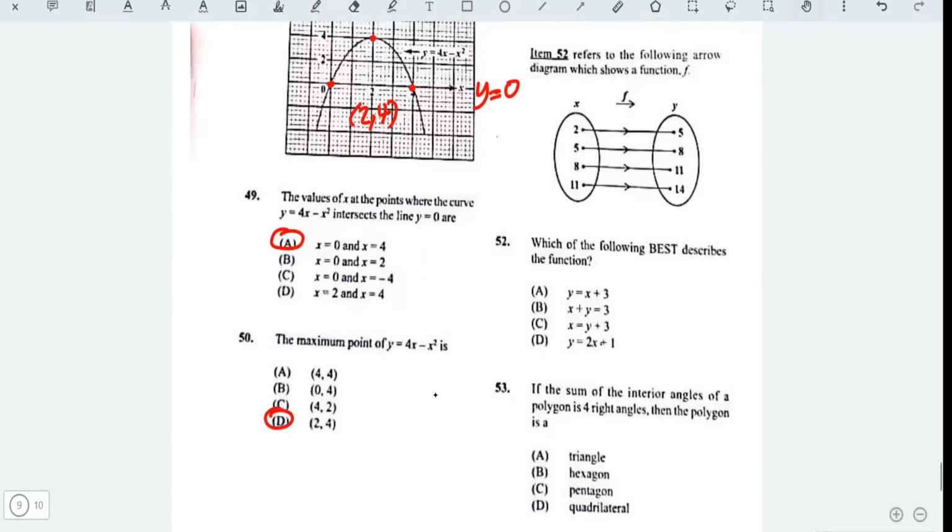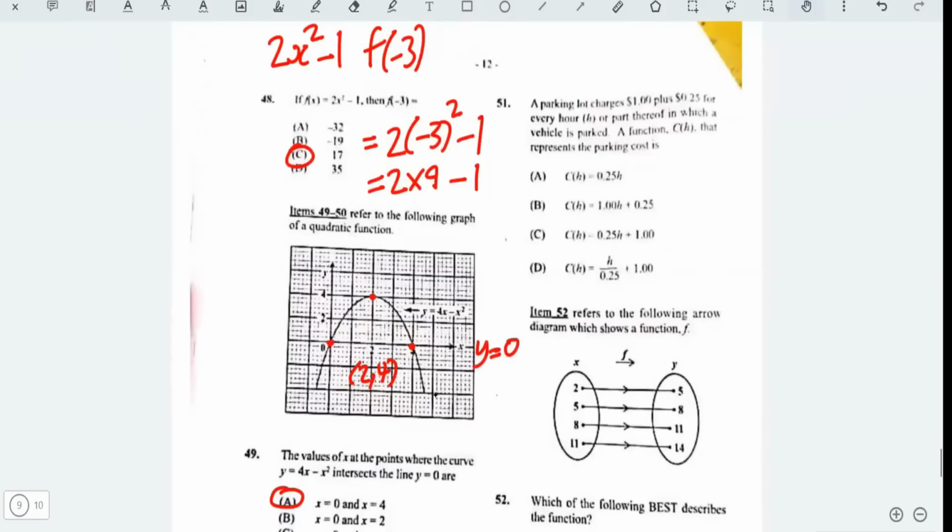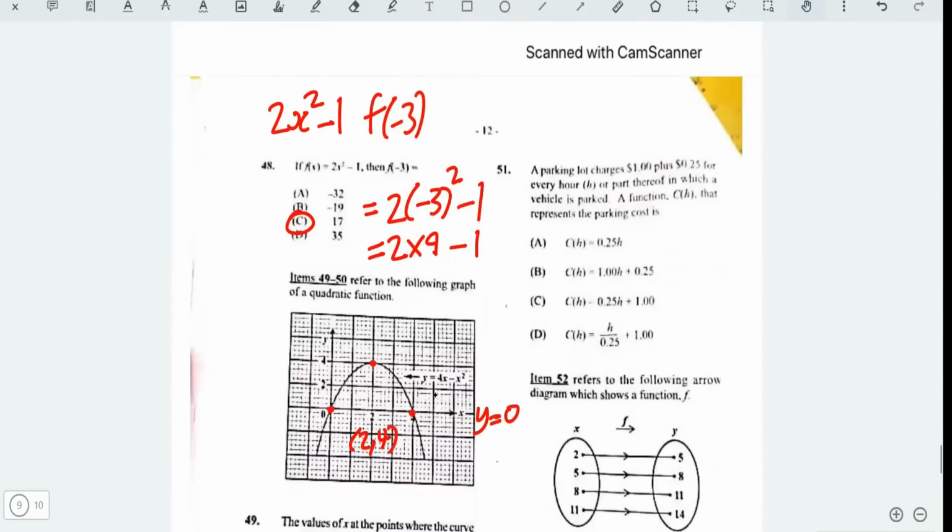Okay. Number 51 says a parking lot charges $1 plus 0.25 for every hour. And it says a function C of H that represents this parking cost is. So it is 0.25 times every hour X plus the $1.